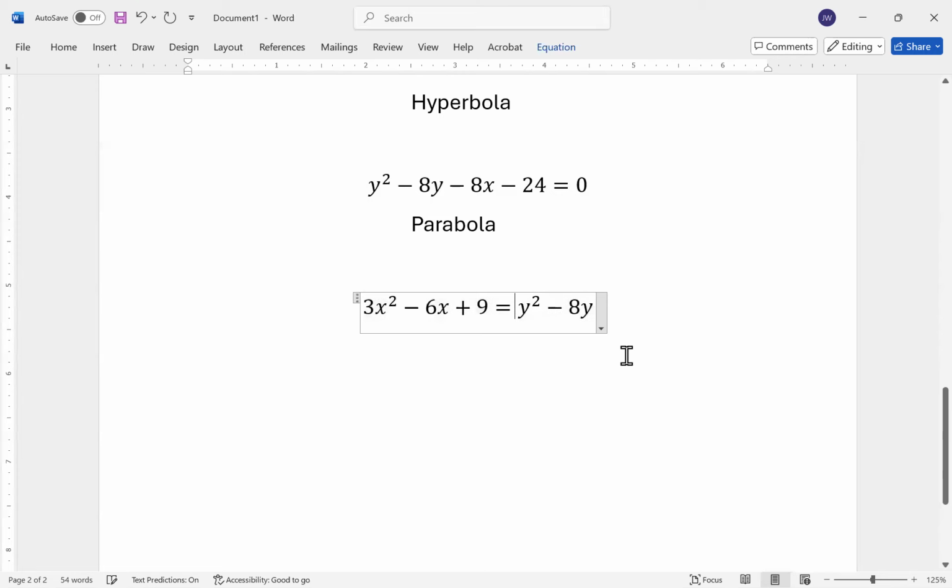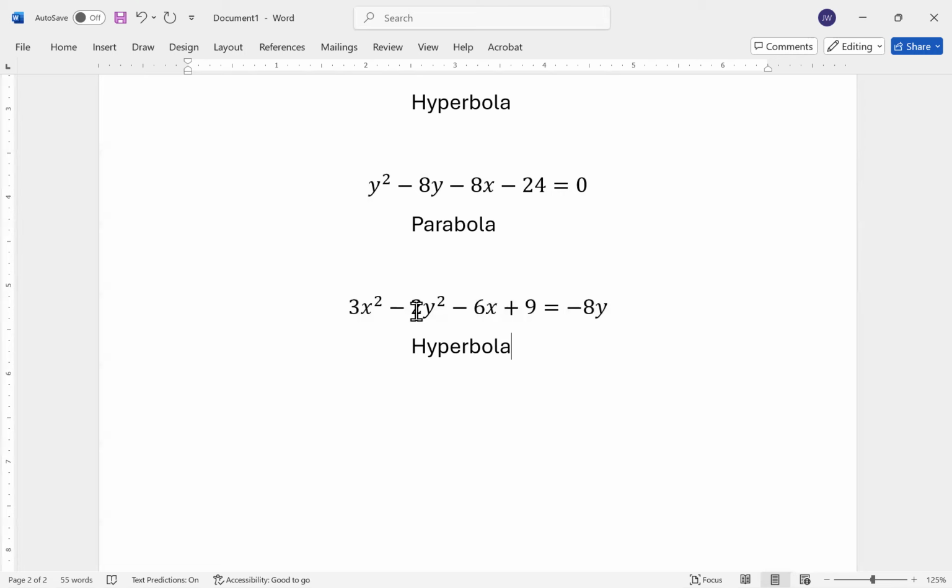But if I were to put both on the same side of the equation by subtracting 2y squared from both sides, notice one of the coefficients would be positive, the other would be negative. So I'd end up with a hyperbola in this case.